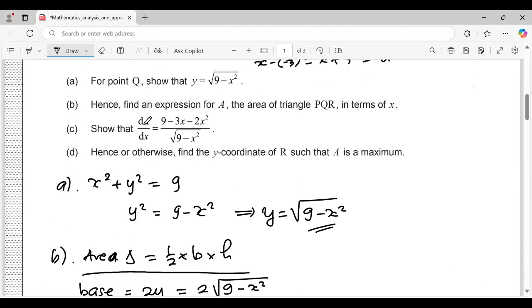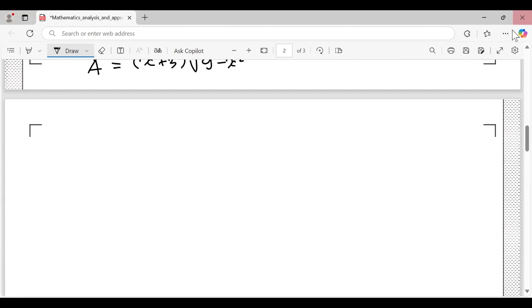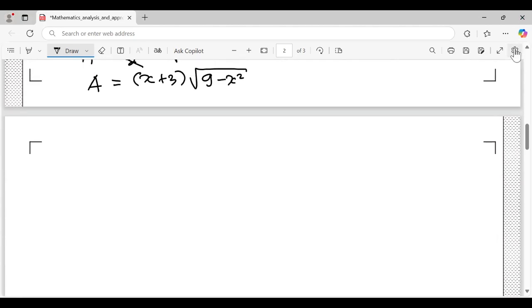Question C. Show that the derivative of A is this expression. So for the derivative of A, I would like to use this formula for derivative.